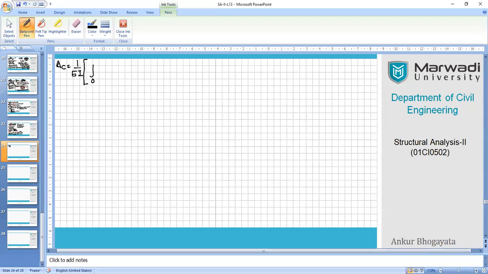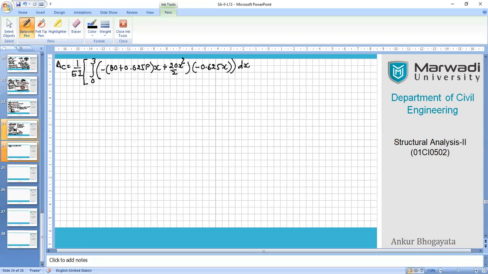So the first segment goes like 0 to 3 meters. The first equation is negative 80 plus 0.625 P into X, right, plus 20 x square by 2 into negative 0.625 x. The bracket completes here, dx.